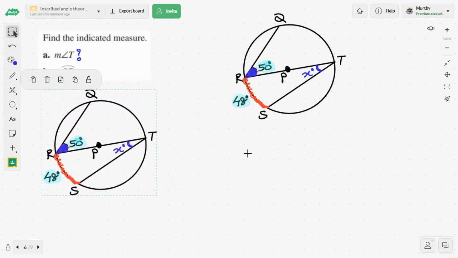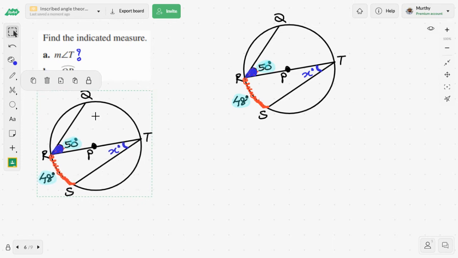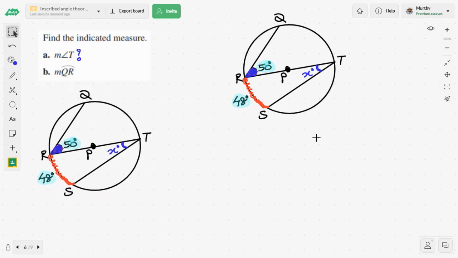I'll explain the method, then later on I will delete the unnecessary part. Okay, so here, as I told you before, let's say that while computing the value of x, this portion is not required.